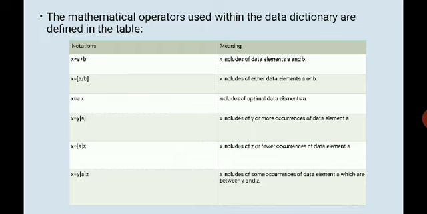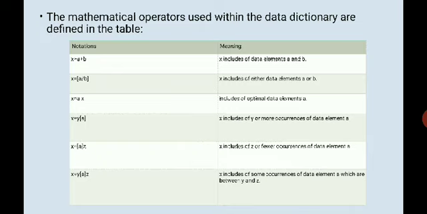y{a} means x includes y or more occurrences of data elements of a, so how many times it is occurring. x = {a}z means x includes z or fewer occurrences of data elements of a.